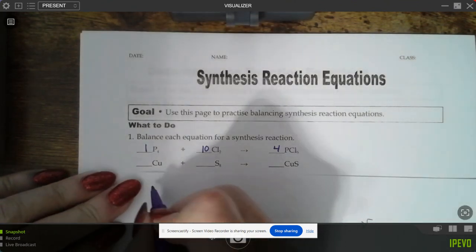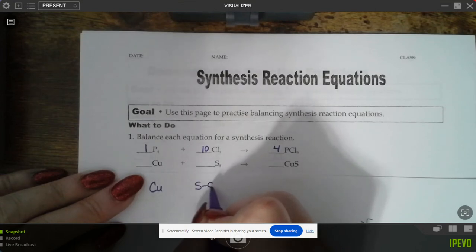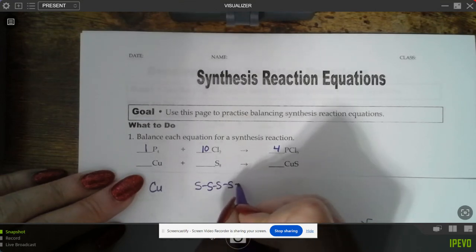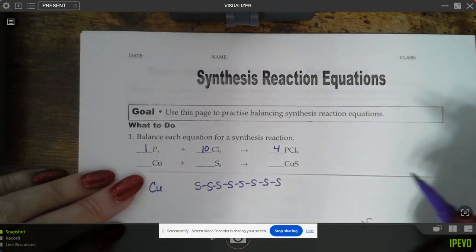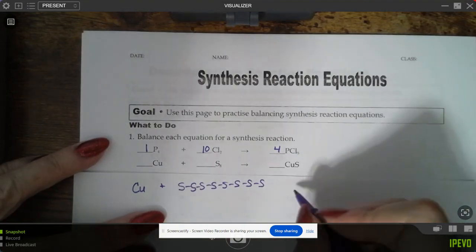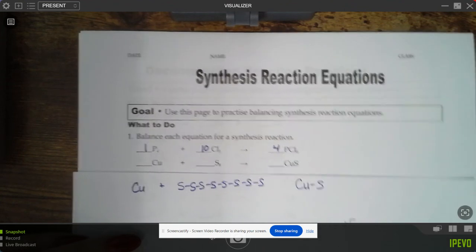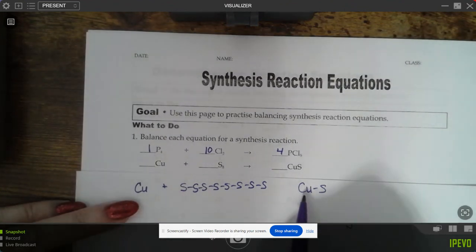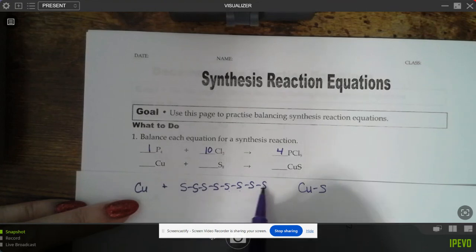So I have copper and I have S8. 1, 2, 3, 4, 5, 6, 7, 8. And then on the other side, I have CuS. Okay, this one's not quite so bad because I've got 1 copper on each side, but then I've got 1, 2, 3, 4, 5, 6, 7, 8.